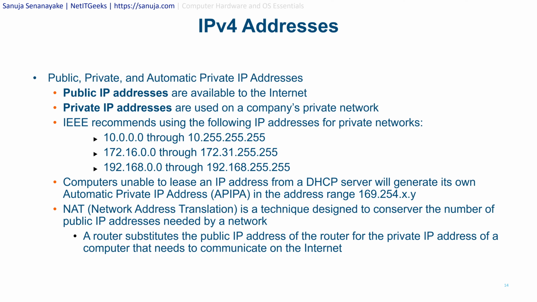And why do we do this? Because we are running out of IPv4 addresses. Not everybody in the entire world can have a unique IPv4 address for public communication, because we have exhausted those IP addresses. As a result, we are using NAT translation as a temporary measure at this time to conserve IPv4 addresses.